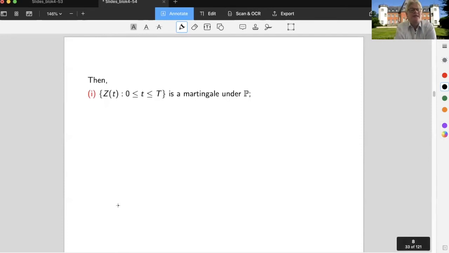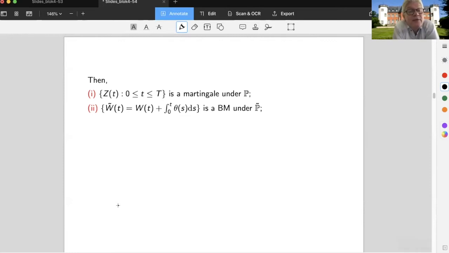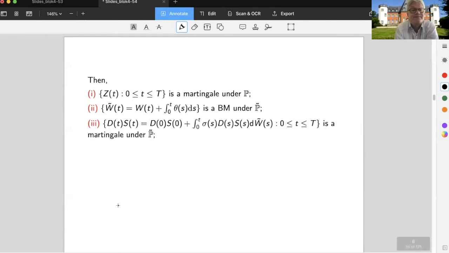The first one is that Zt, little t between 0 and capital T, is a martingale under measure P. Secondly, we have seen that W tilde t, which was defined as Wt plus the integral from 0 to t theta s ds, is in fact a Brownian motion under P tilde. We have also shown that.